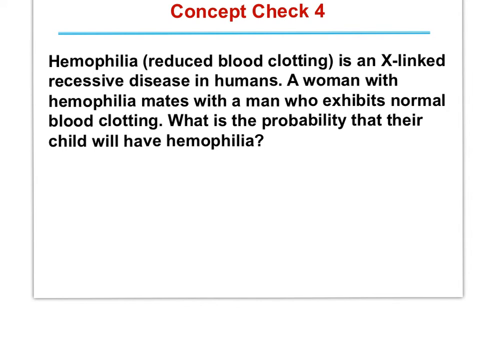So first we're going to say, hemophilia is X-linked recessive. What does X-linked recessive mean? It has to be on an X, and it's hemophilia, so we'll give it a little h. A woman with hemophilia: what does her genotype have to be? Can she be this?